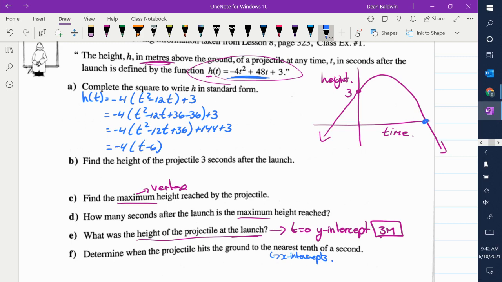So it's negative 4 times (t minus 6) all squared plus 147. So what are the vertex coordinates? 6 and 147. So what's the max height? 147.